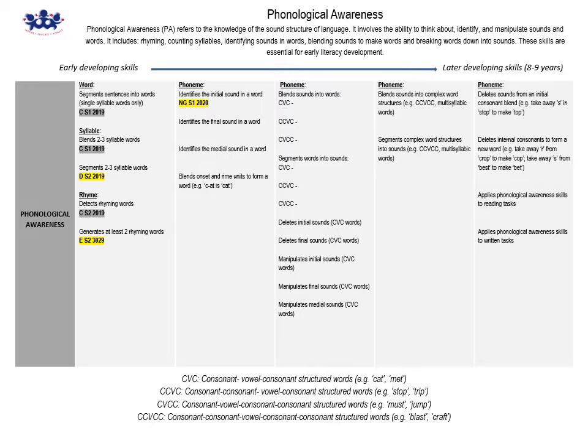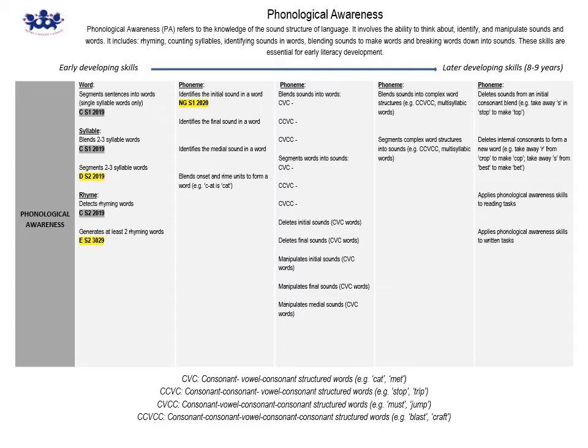This is an example of the phonological awareness page from the ILP. If you turn to this page of your child's ILP, you will be able to see your child's current goals in this area. The goals that are highlighted in yellow are current active goals that they are working on. The active goals may have an NG under them, meaning that this is a new goal that has been set.